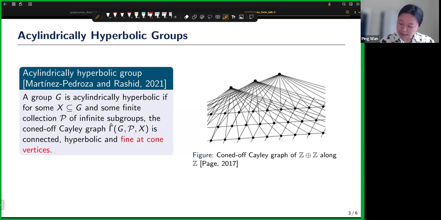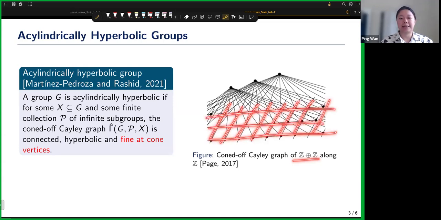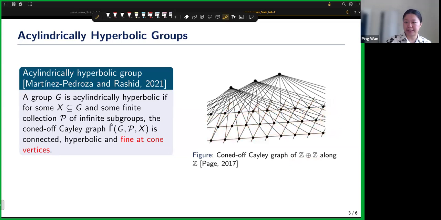Here, Z plus Z is generated by two generators again, and the grid here is the Cayley graph of Z plus Z. On top of it, I'm adding some more vertices and edges in this way.